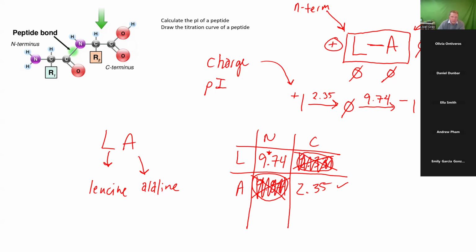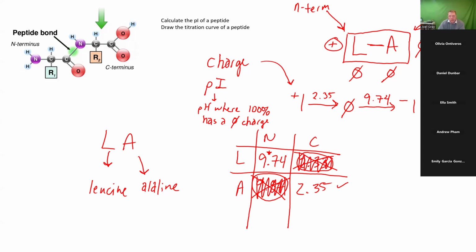Now, with that said, the next thing is, what about our pI? Well, our pI is the pH where 100% of the molecule has a 0 overall charge. Now, that is a net charge of 0.